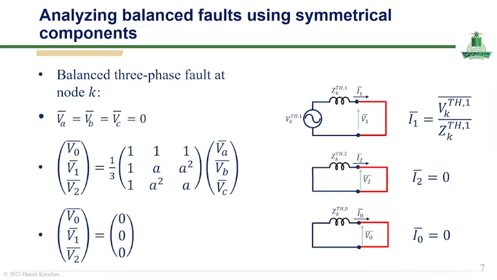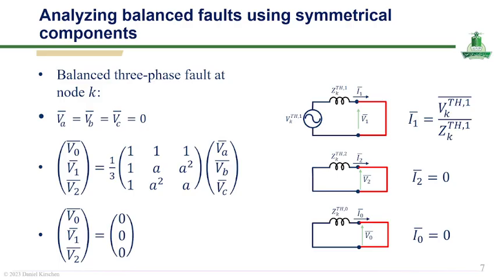Okay, this slide continues the analysis of the balanced three-phase fault at node K using symmetrical components and shows the mathematical formulation behind this. Since the fault is perfectly balanced, the phase voltages at the fault location become zero.